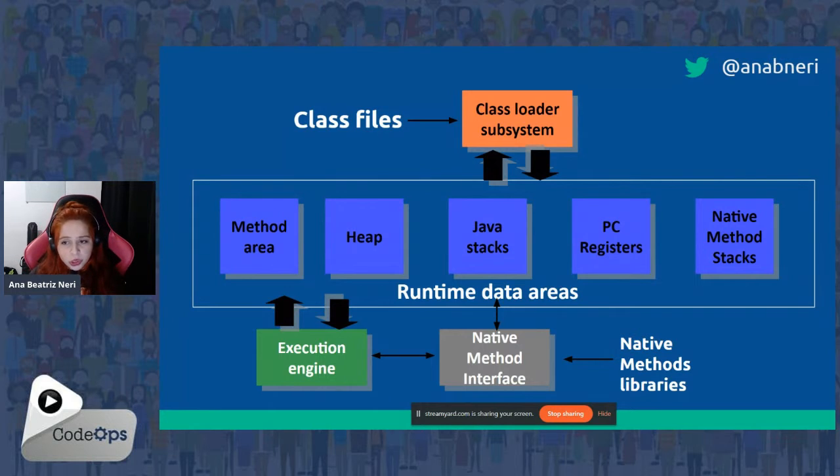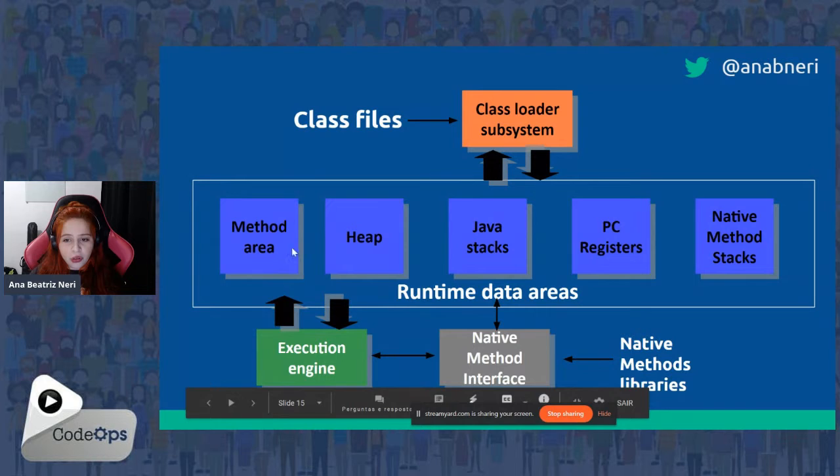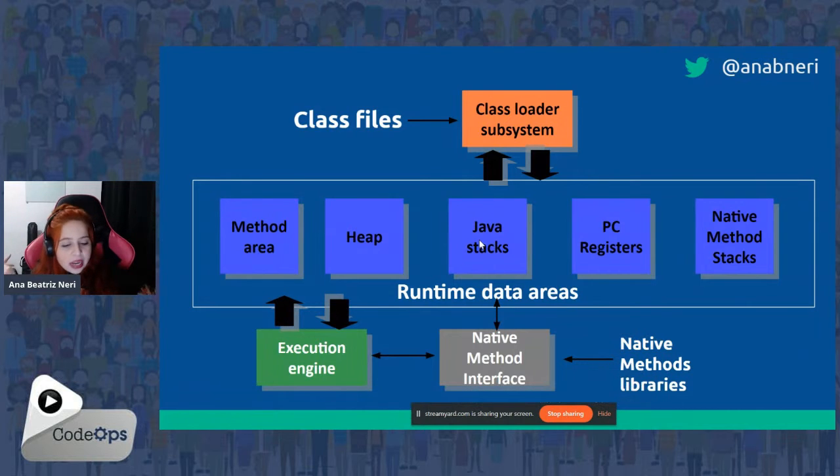We have the execution engine, which has the function of bringing the binaries, and the native method interface, with a lot of methods that we develop, and native method libraries, the libs that the platform provides for us. In the runtime data areas, we have method area, heap area, Java stacks, PC registers, and native method stacks, okay?